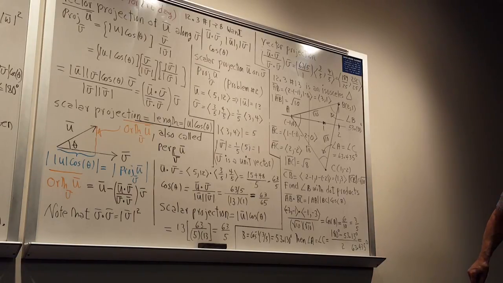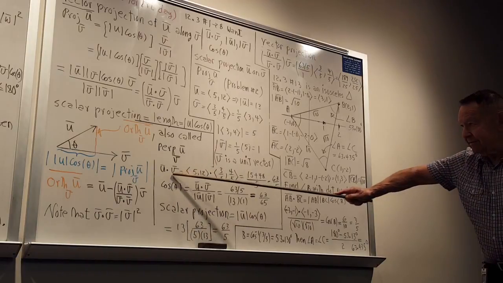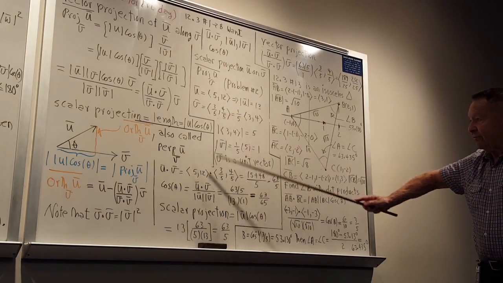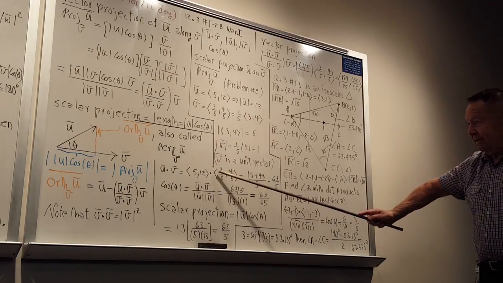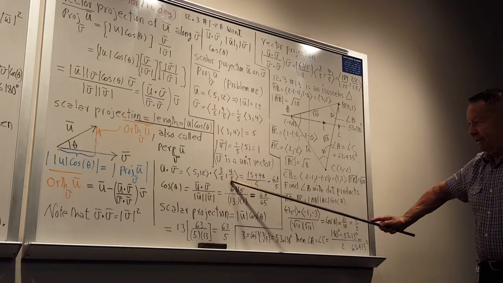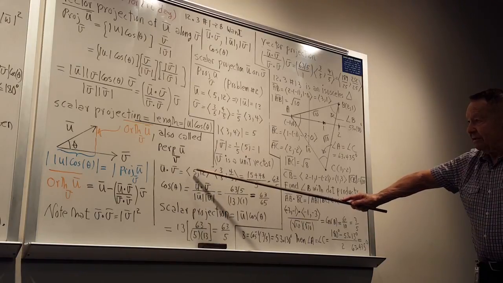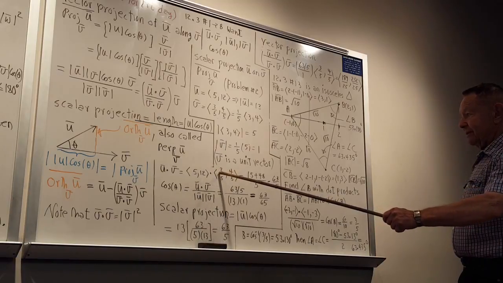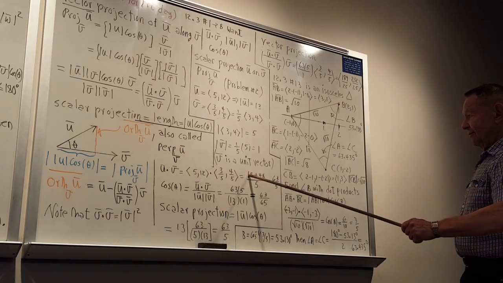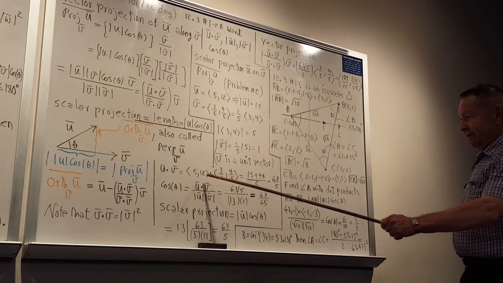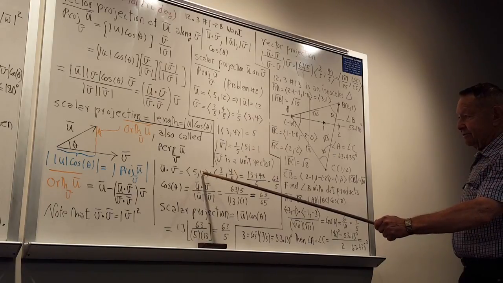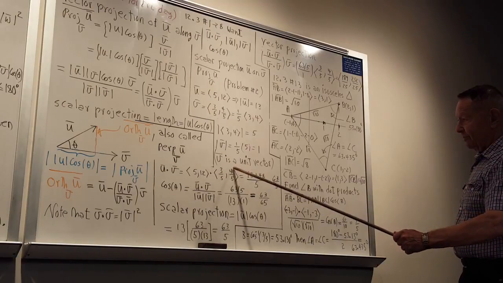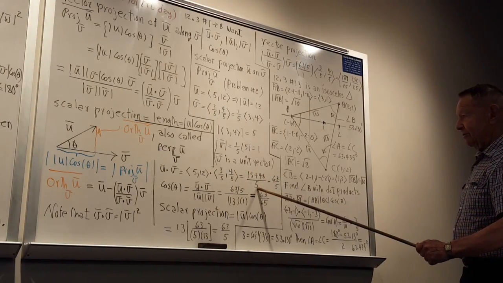So then you do your dot product, u dot v, of the <5, 12> vector and the <3/5, 4/5> vector. So your dot product again is the first component times the first, so that's 15 over 5, plus the second, which is 12, times the second, which is 4, 12 fours, also over 5.